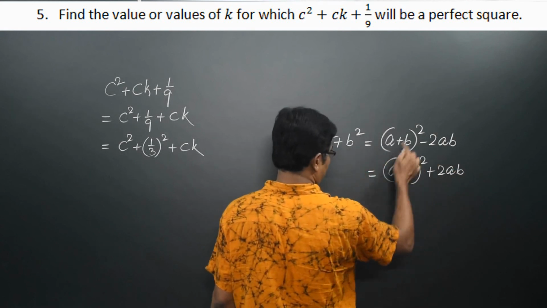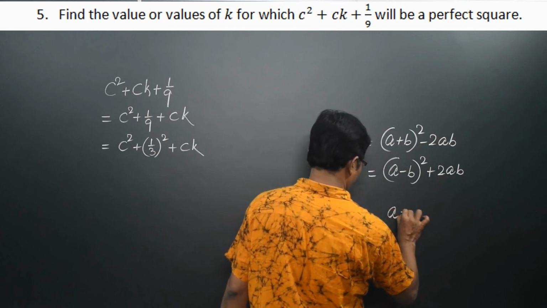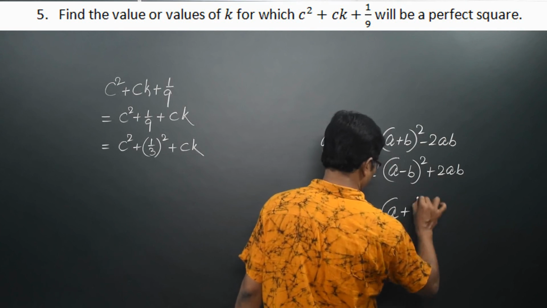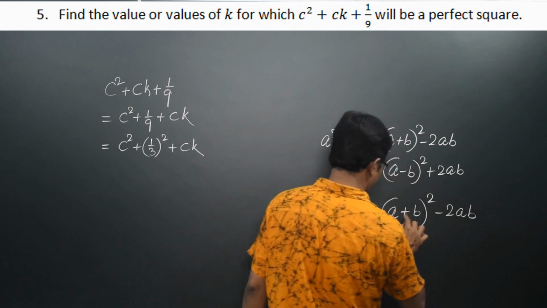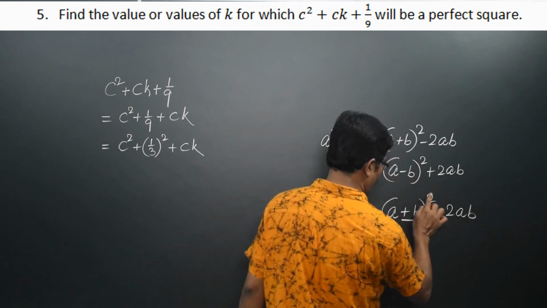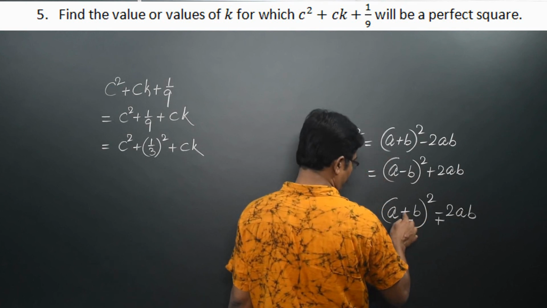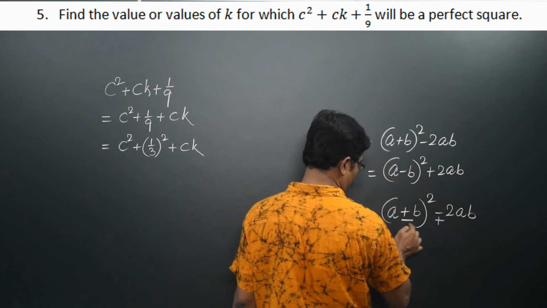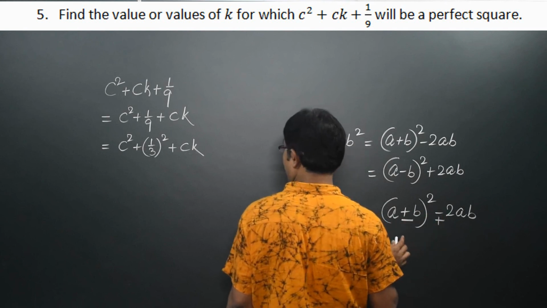We can write this together as a plus minus b whole square minus plus 2ab. For the upper sign we take the upper sign, and for the lower sign we take the lower sign.